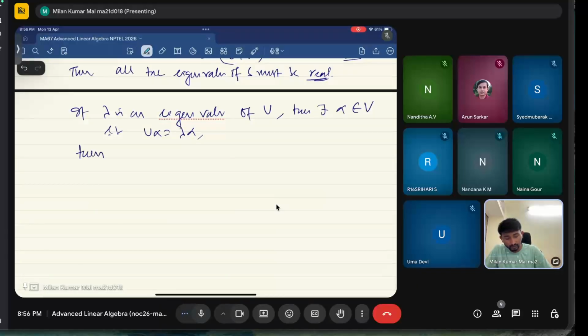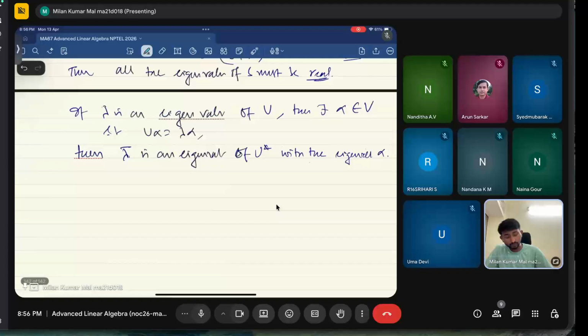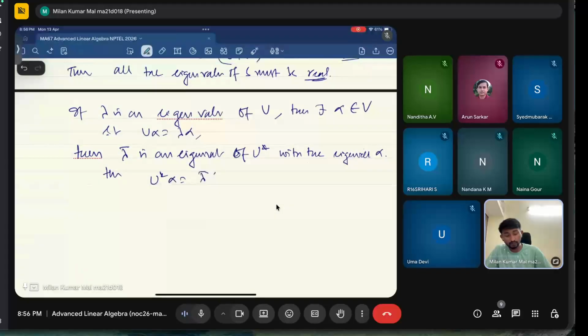Then lambda bar is an eigenvalue of u star with the eigenvector alpha. Then u star alpha is equals to lambda bar alpha.